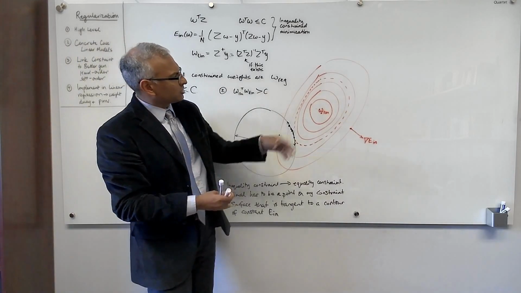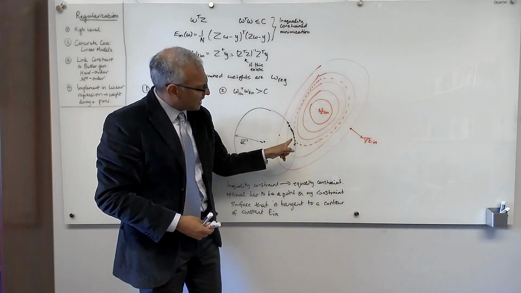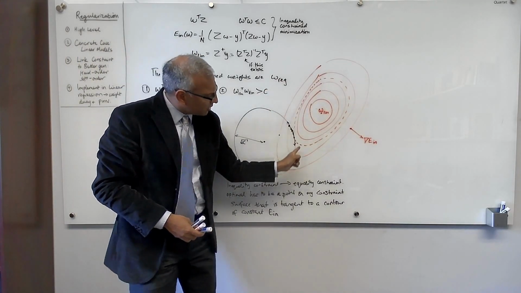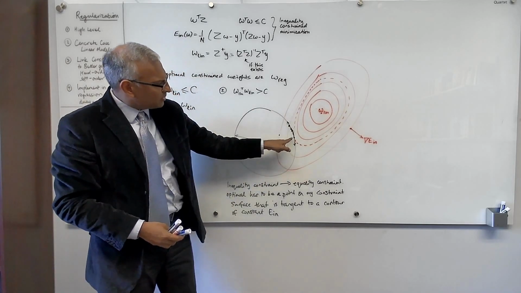So the contours of constant in-sample error in red, and I'm at a point on the surface of my constraint which is tangent to that.